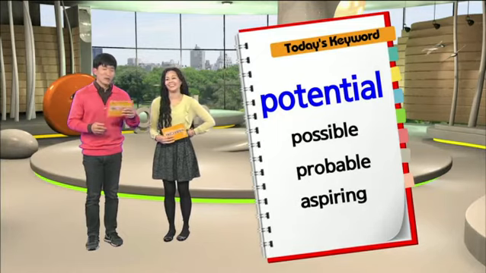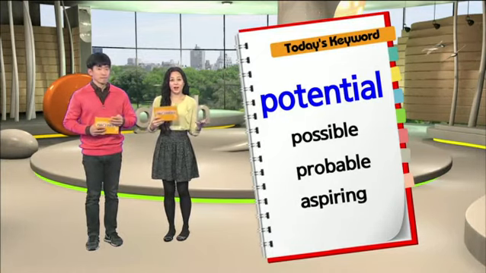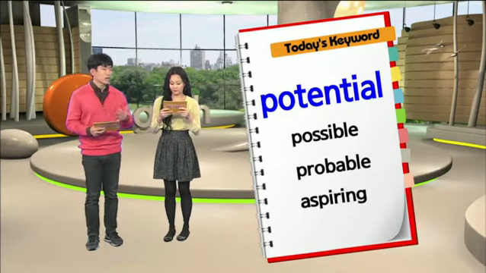맞아요. 그리고 마지막 표현은요? Okay, so the final one is aspiring. Aspiring은 이거는 문제라든지 약간 그런 거에 쓰기보다는 사람에 쓰는 거죠.